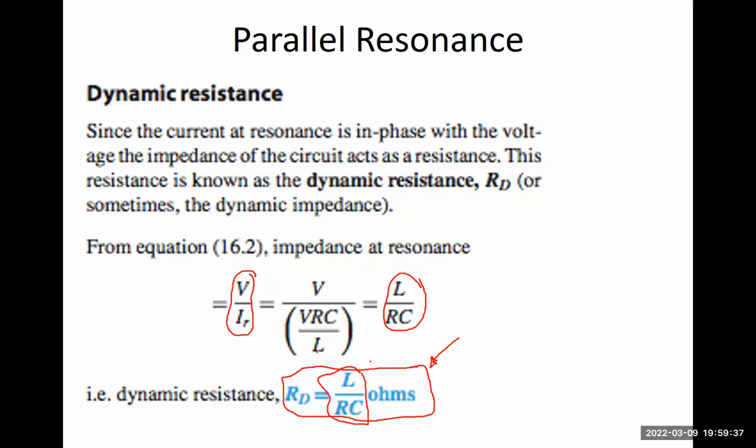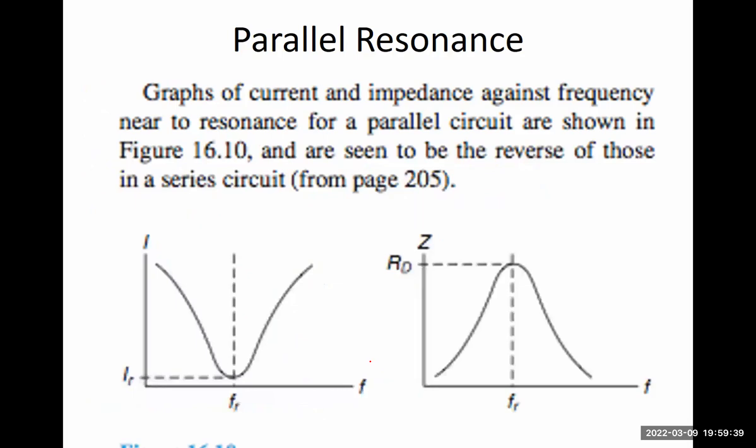So this is a comparison between the series and the parallel resonance. This is our series resonance and this is now our parallel resonance. You will see that they are inverted.